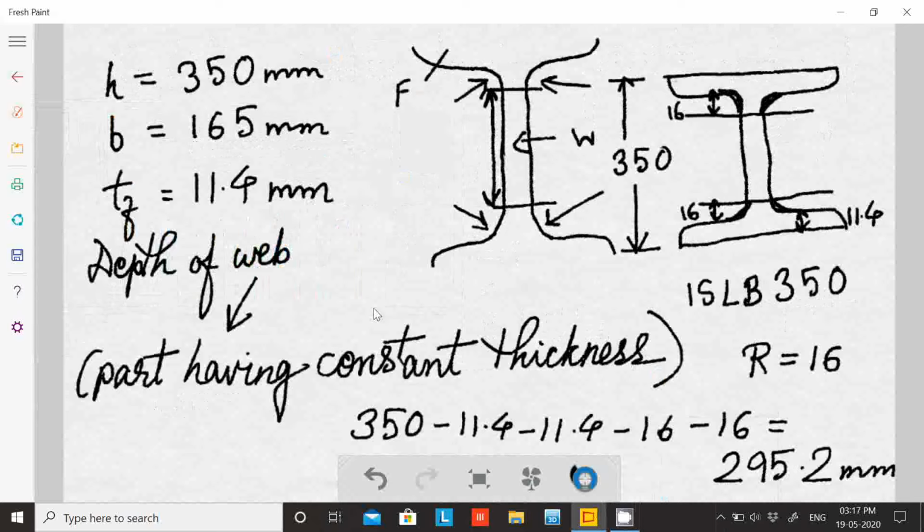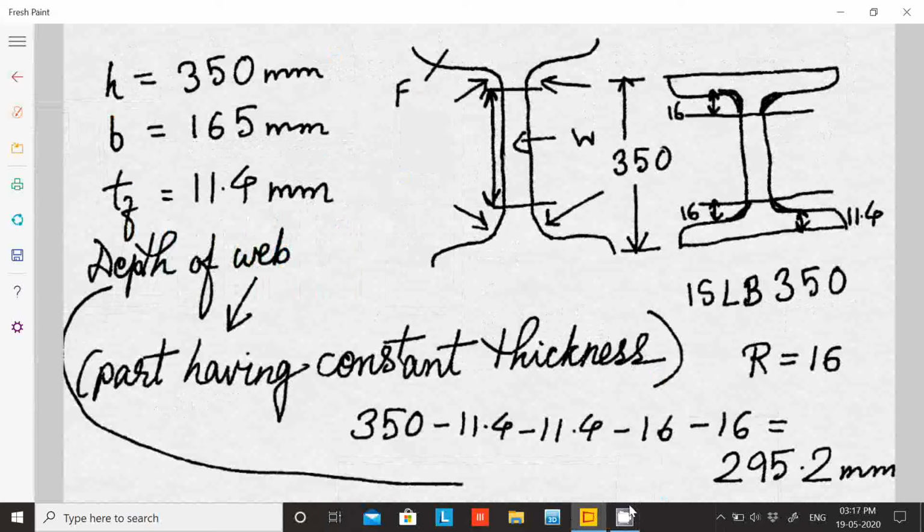That means we consider this depth of the part of the web having constant thickness. Now thickness of web is tw, which will be 7.4 mm.